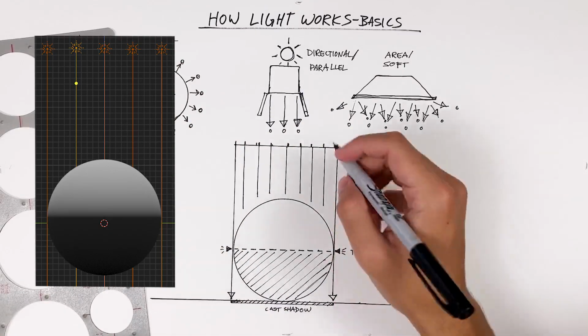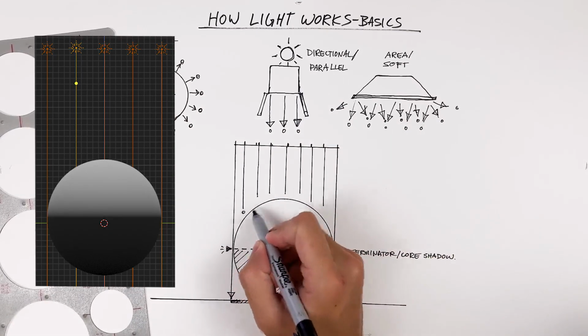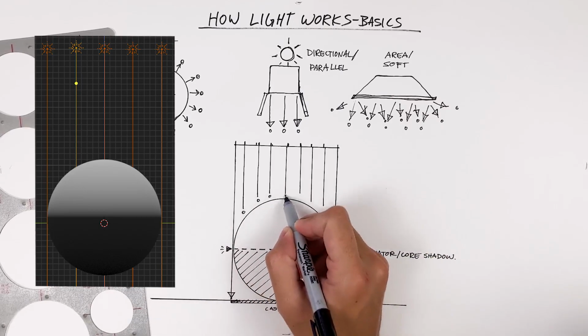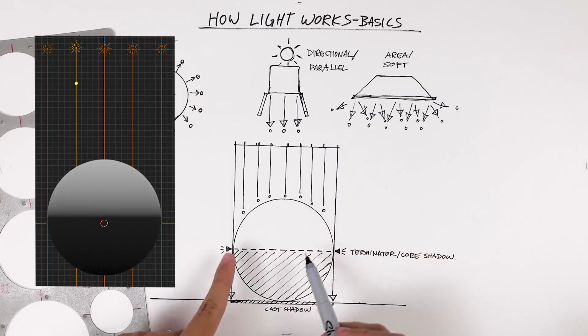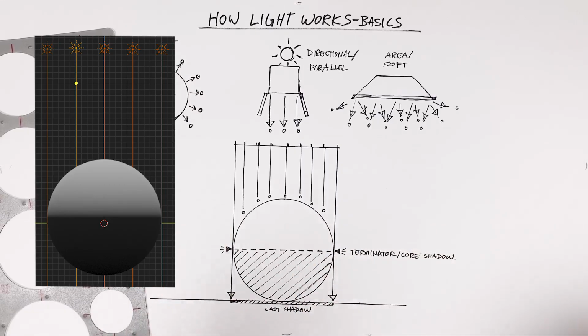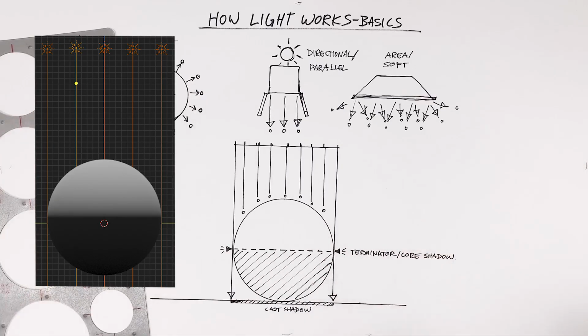So again, let us assume that these are all evenly spaced. So these photons are striking the sphere. Here in this diagram is contained the secret to shading. This is it right here.